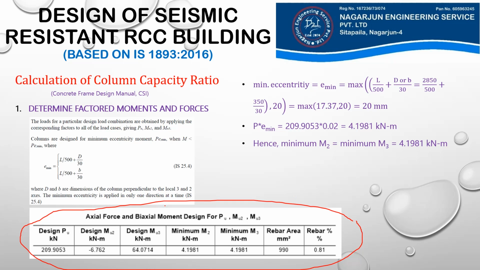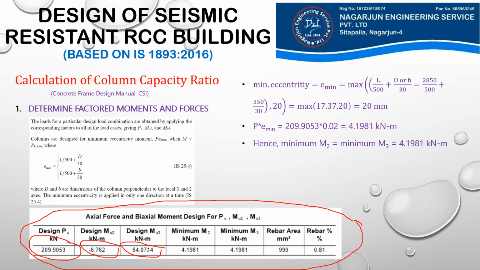When we right click on any column that has been designed and we click on details, then we get a form. From that form, I chose a particular part for axial force and biaxial moment design, and I posted the screenshot here. This shows design PU in kilonewton, design MU2 in kilonewton meter, and design MU3 in kilonewton meter.